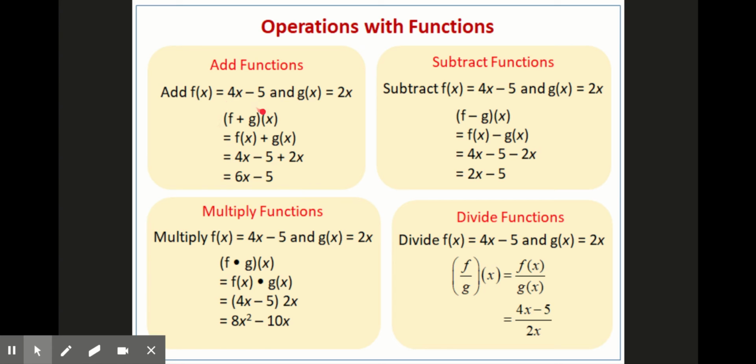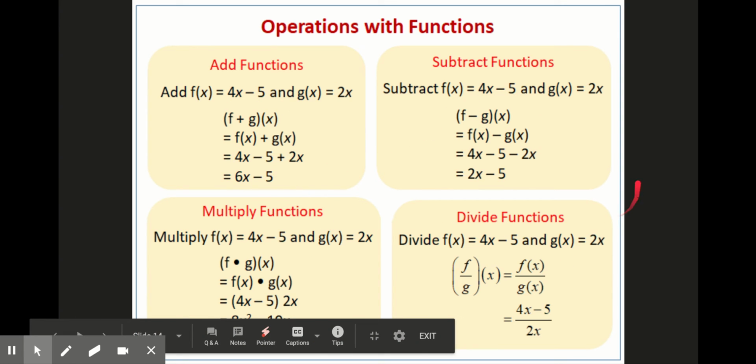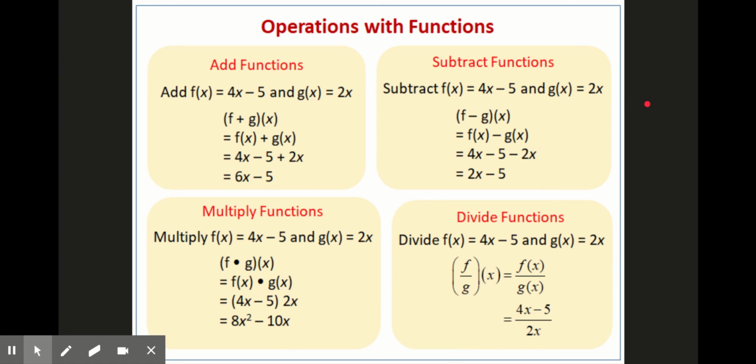We can add functions together. We can subtract functions. We can multiply functions, and we can divide functions. This slide is a great slide to screenshot and put in your notes. It gives you great examples of what it takes to write new rules, right? f minus g of x. What it's saying is, here's function f, 4x minus 5. Here's function g, 2x.